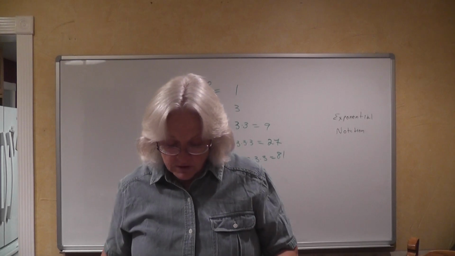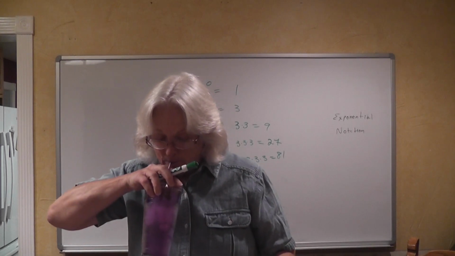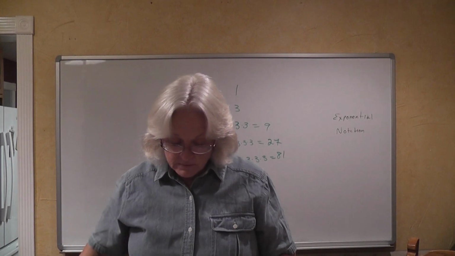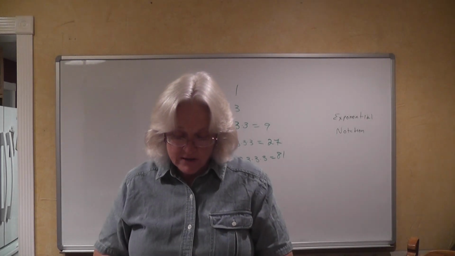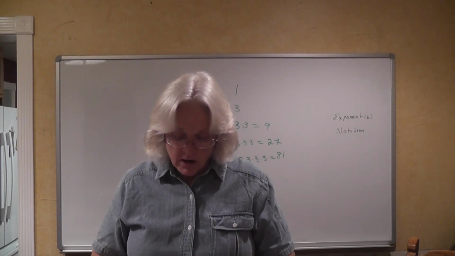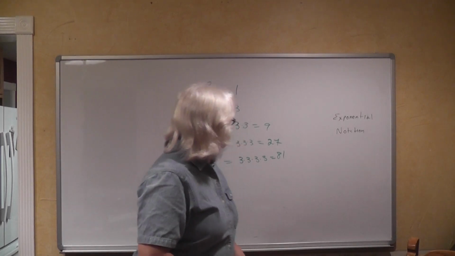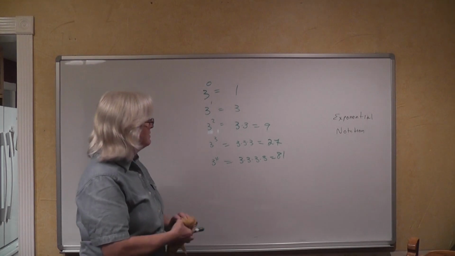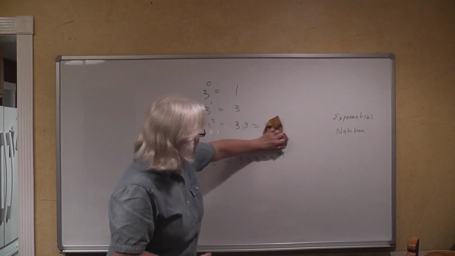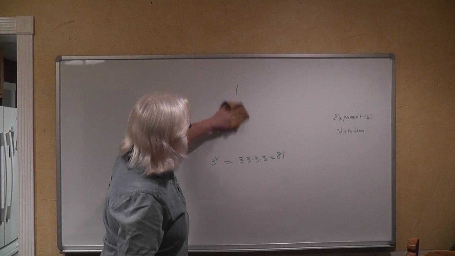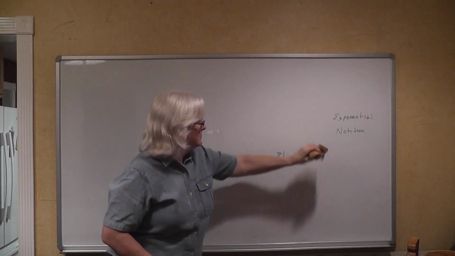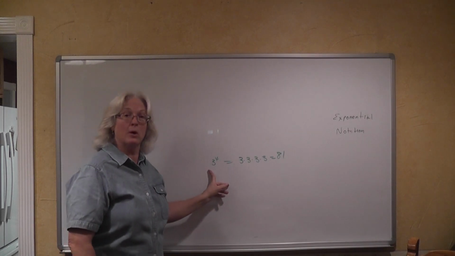Now, example 2 says, write these problems as a product of repeated factors, simplify if possible. One of those was 3 to the 4th. 3 to the 4th we just finished doing. This is our shorthand multiplication.